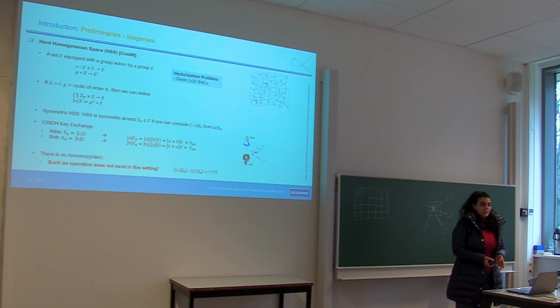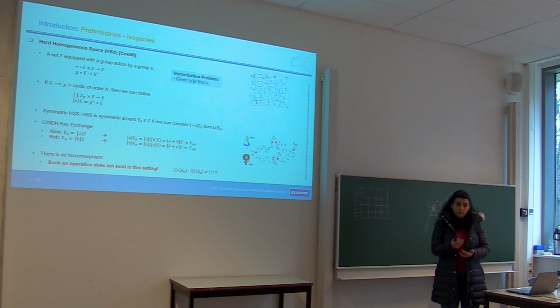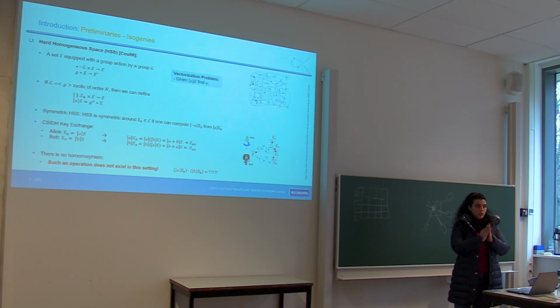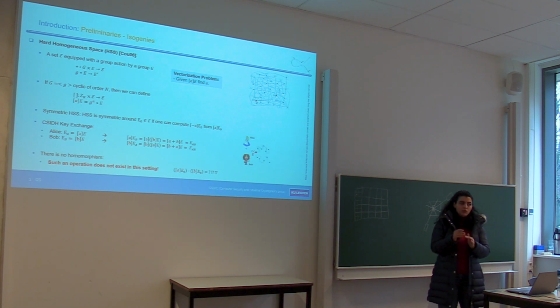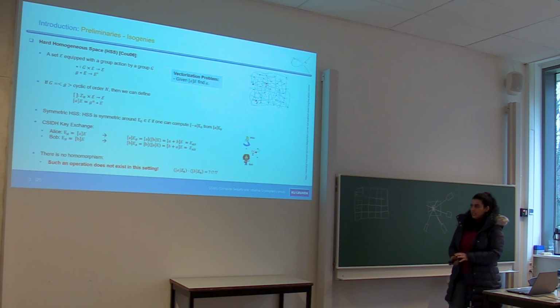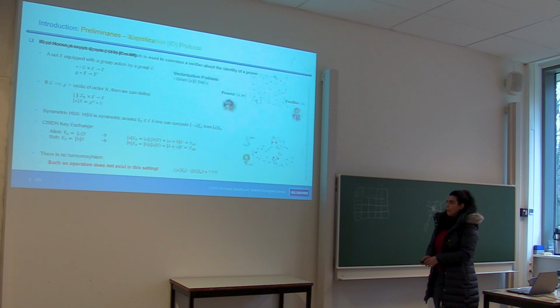In the discrete log setting, when we have g to the power of x1, and one party has, for example, the secret x1, and the other one has the secret x2, they can multiply g to the power of x1 and g to the power of x2 to achieve g to the power of x1 plus x2. But here it is not possible, and we do not have such an operation.